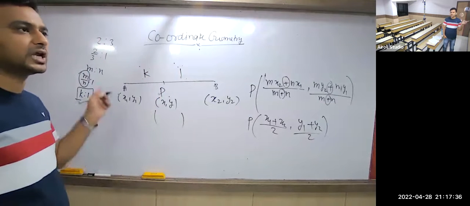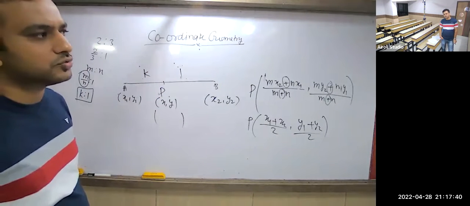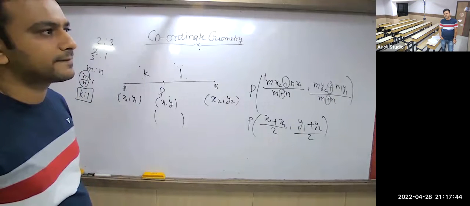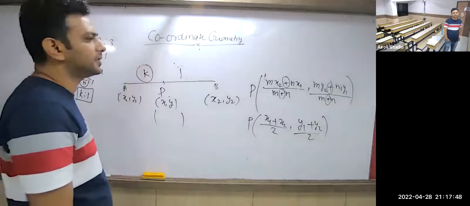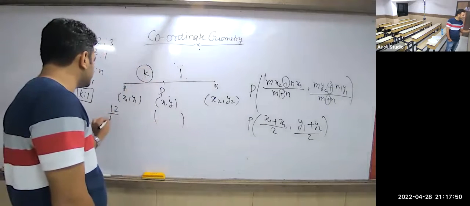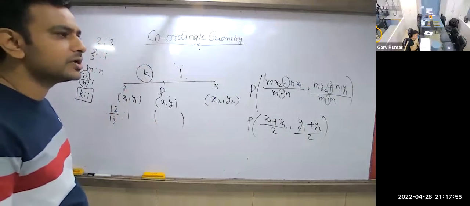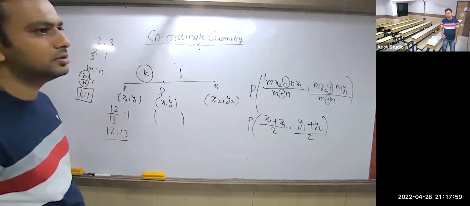If you take m is to n, then you will get two unknowns, so you need to solve two equations. Got it? So let's say you are getting the value of k as 12 by 13. So the ratio will be 12 by 13 is to 1. You will get the answer as 12 is to 13 also.